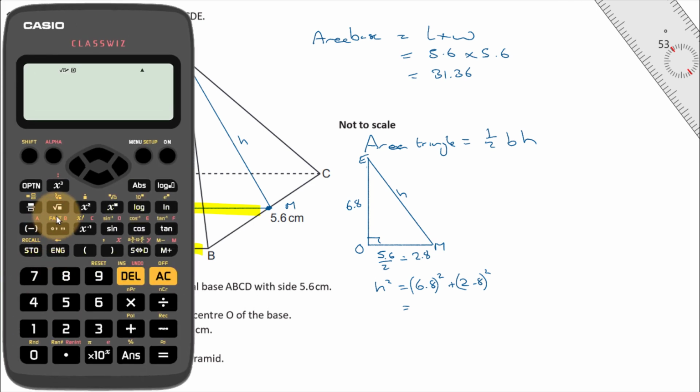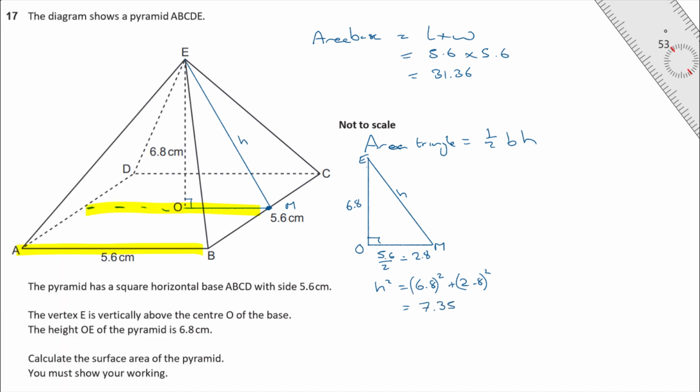Root of 6.8 squared plus 2.8 squared, all square rooted. That comes out to be about 7.35-ish. So h is about 7.35. I'm going to leave the full calculator display on my calculator because I'm going to use it in a second.